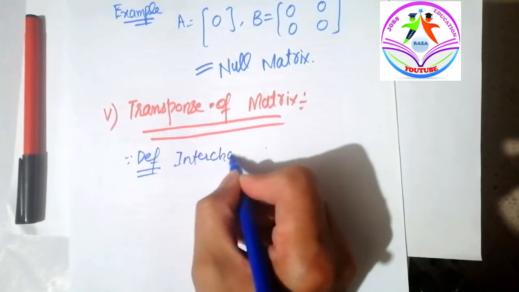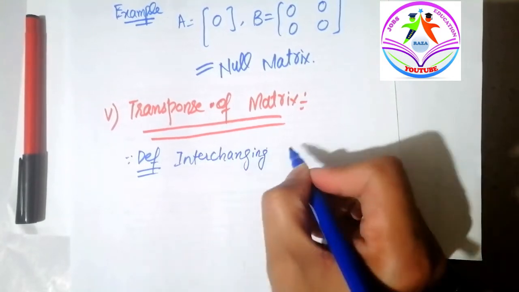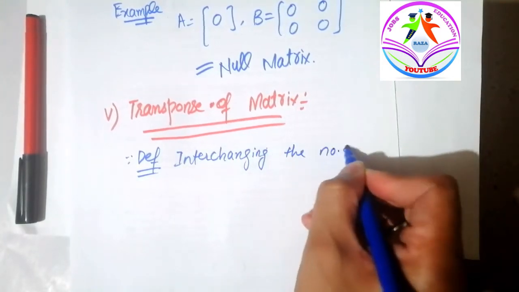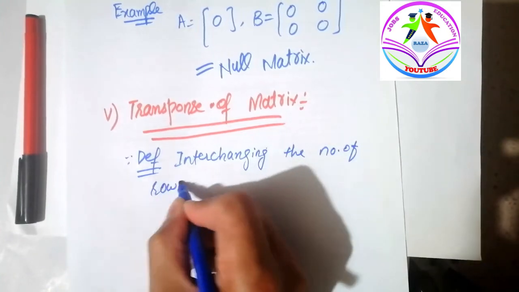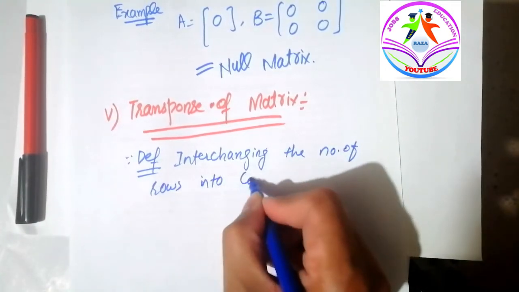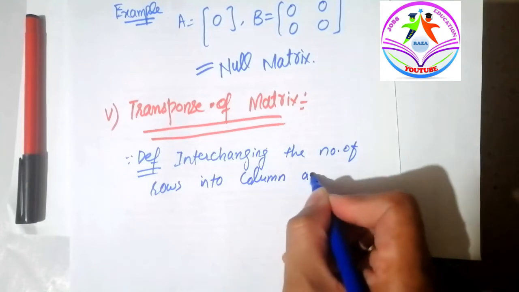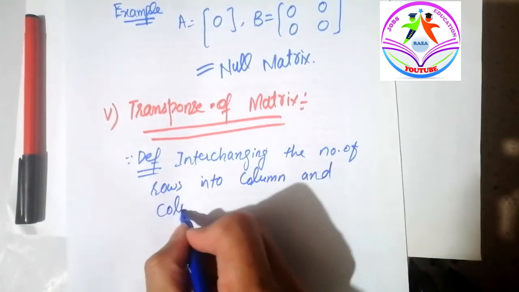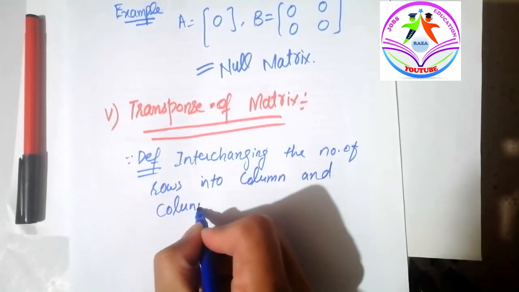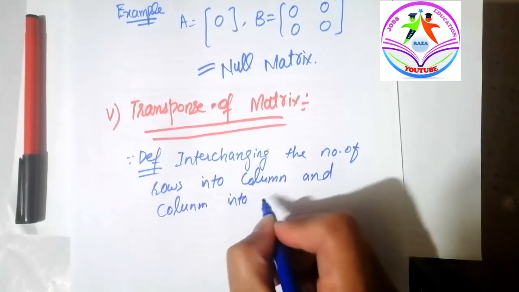Interchanging the number of rows into columns and columns into rows.